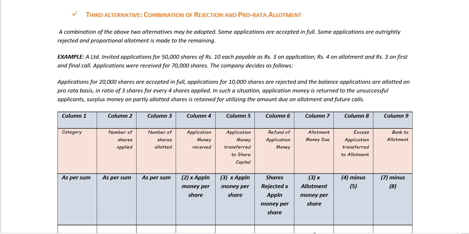So only if the sum specifically says that the excess application money can also be transferred to call, we will transfer to call. Otherwise, we will refund that application money.